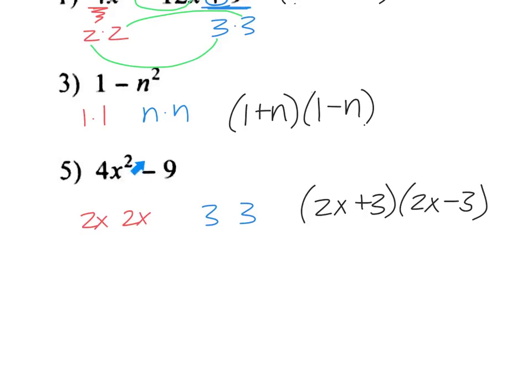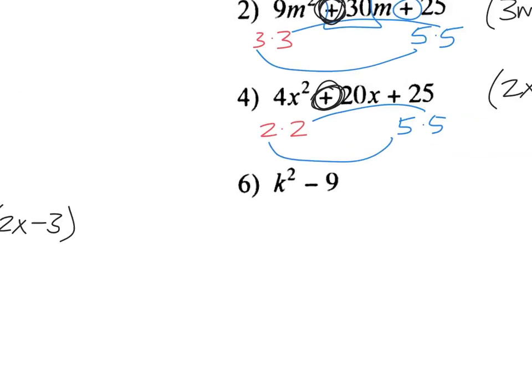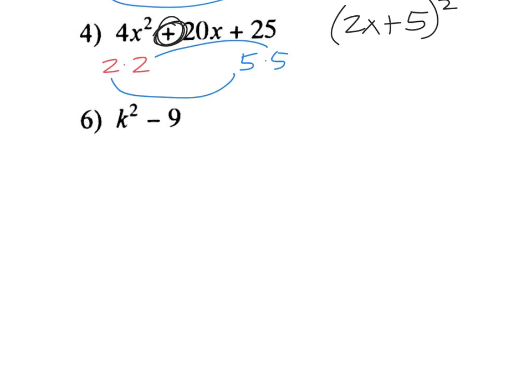We're missing that x term here in the middle. So one's a positive, one's a negative. They're opposite, so the x's cancel. Let's do one more. So k squared would be k and k. What do we square to get 9? 3 and 3. One's a positive, one's a negative, and there you go.